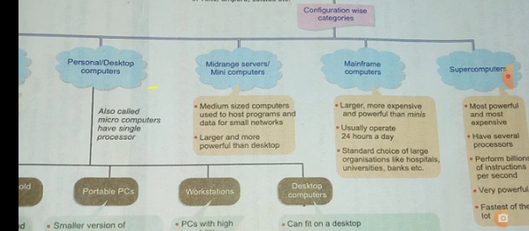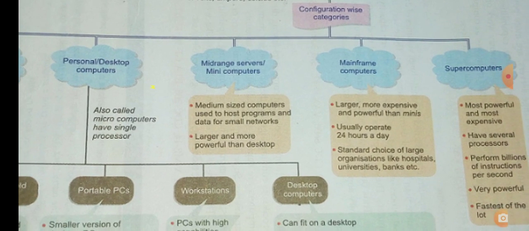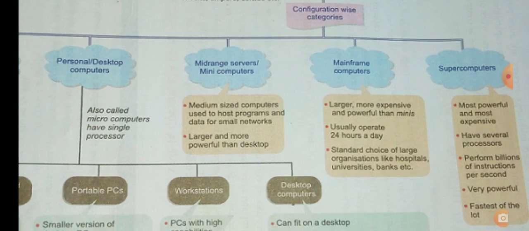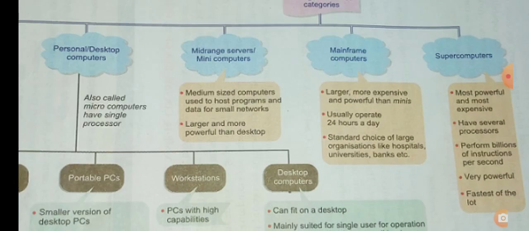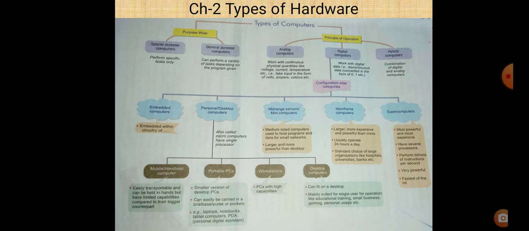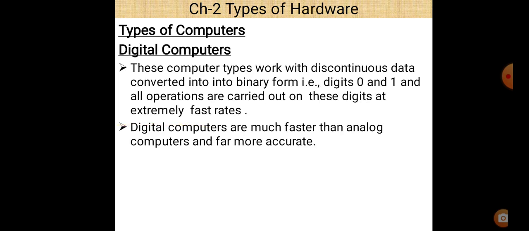Among these, minicomputers have the smallest size compared to the others, and processing speed is also less than mainframe computers and supercomputers. Then mainframe computers are large computers, and they can usually operate 24 hours per day. And last, supercomputers have more than one processor and are very powerful. So this is the classification of different types of computers.